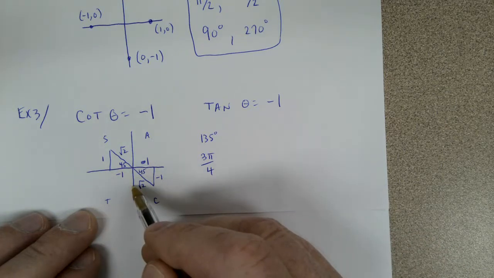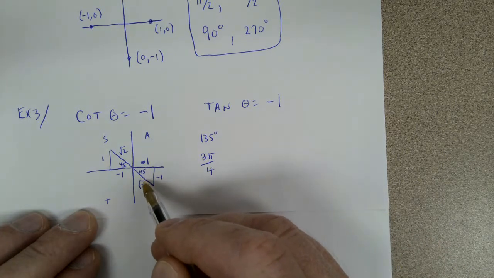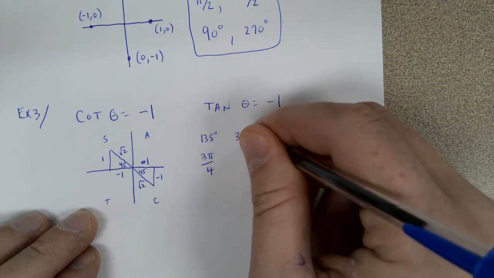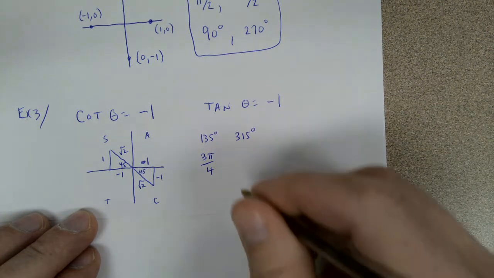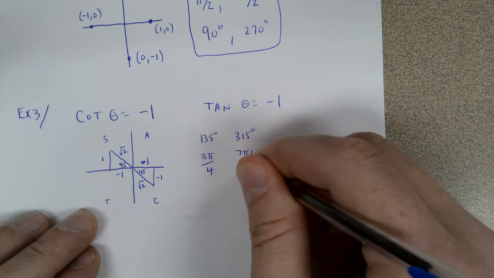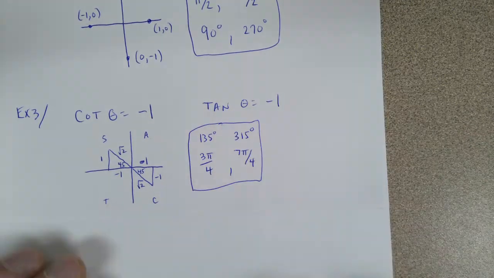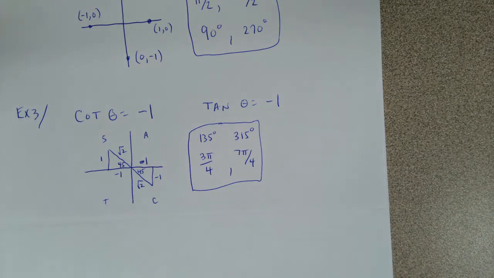If I go all the way around, 270 and another 45 puts me at 315, which is 7 pi fourths. So my two theta values are 3 pi fourths and 7 pi fourths on that one.